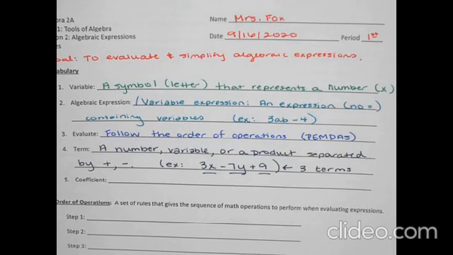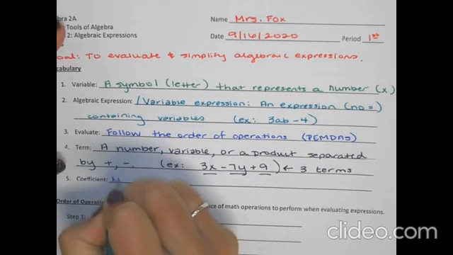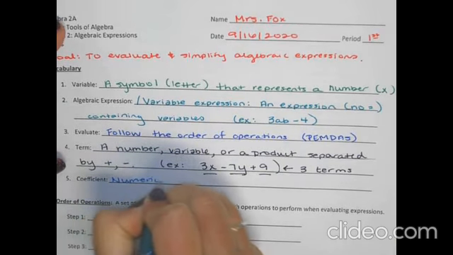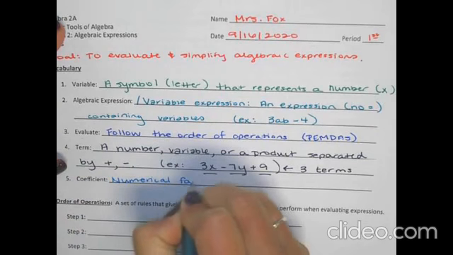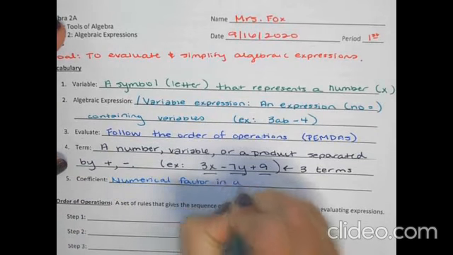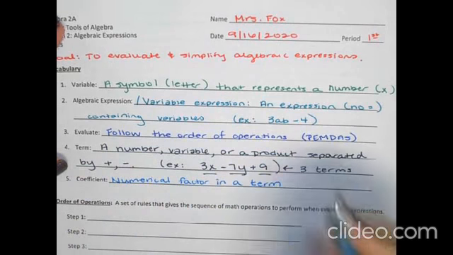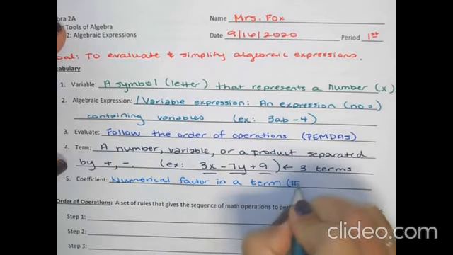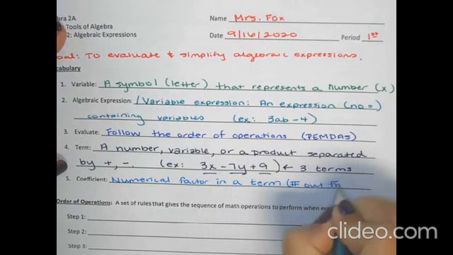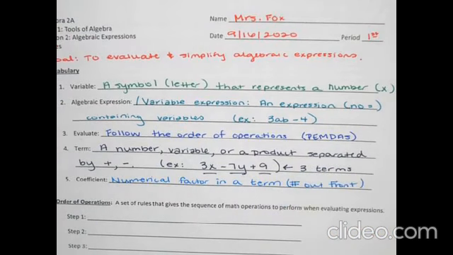A coefficient is going to be the numerical factor in a term. Okay, meaning the number out front or in front of a variable.